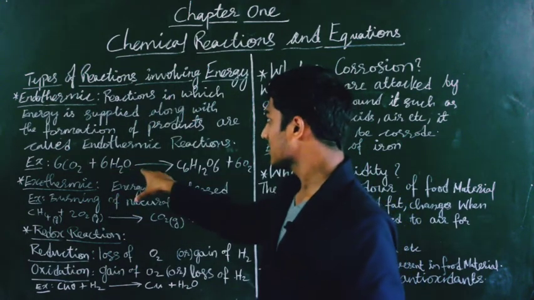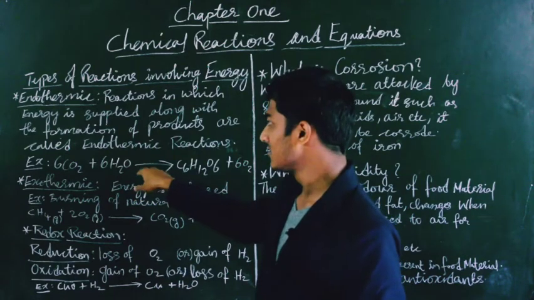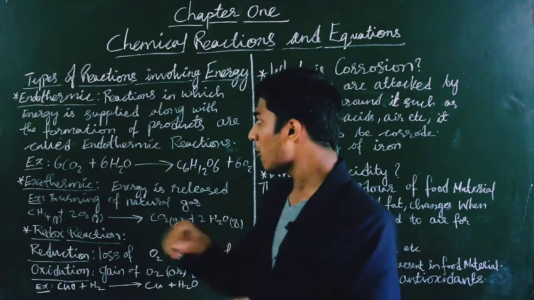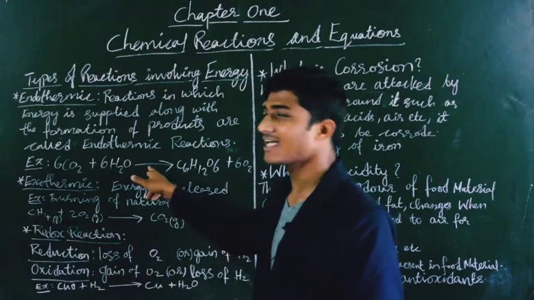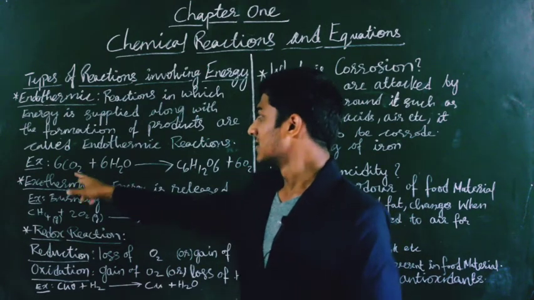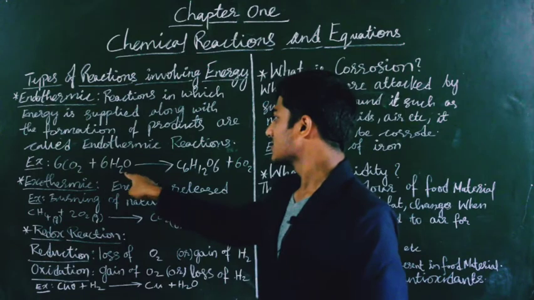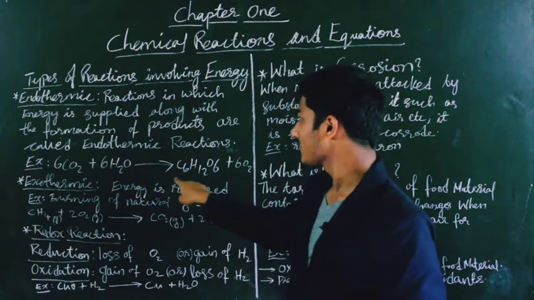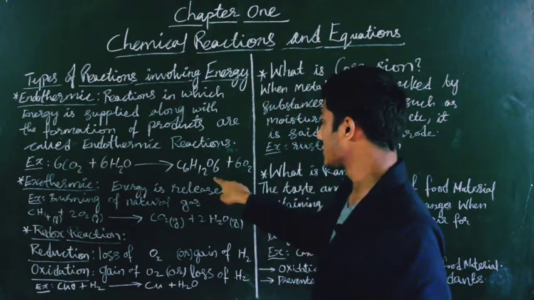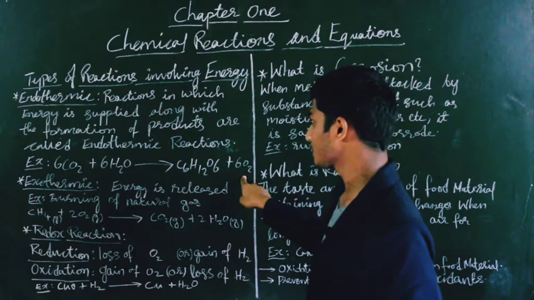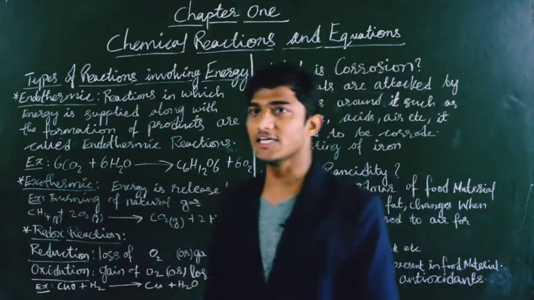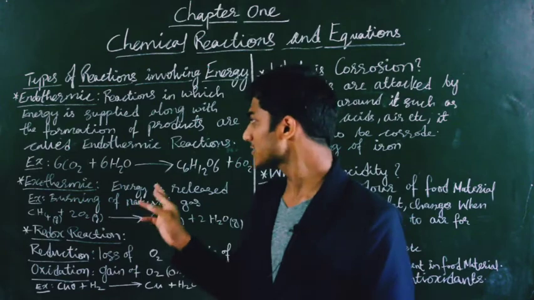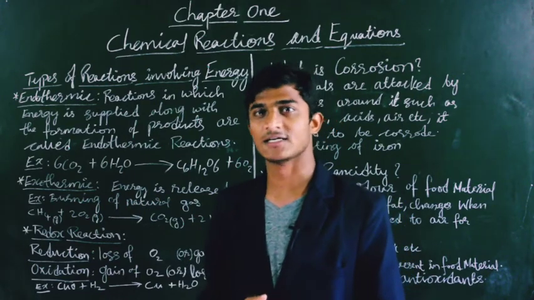This example you can see here. It is performed in all the plants. This is nothing but photosynthesis. 6CO2 plus 6H2O gives rise to C6H12O6 plus 6O2. In each and every plant, this photosynthesis takes place.